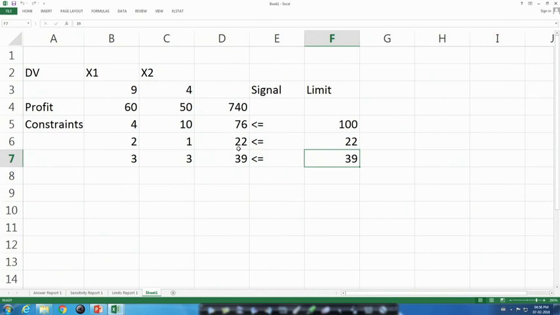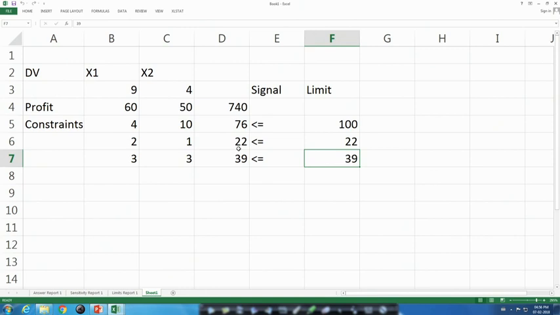That means the values of the decision variables are x 1 equal to 9 and x 2 equal to 4, and the value of the objective function z equal to 740, and it satisfies all the constraints as per the signs, that is the less than type. This is the original and optimum solution, and of course, we have reached the optimum solution by touching all these corner points, and out of all these corner points we have targeted the optimal one.